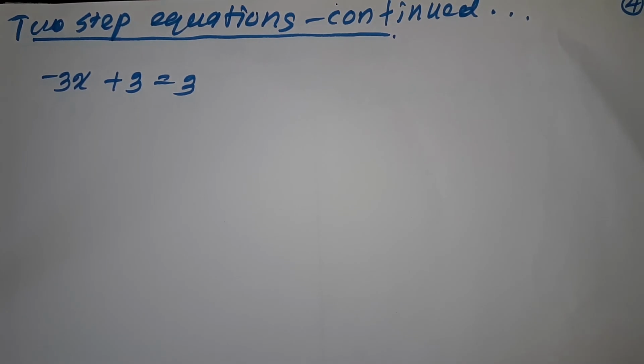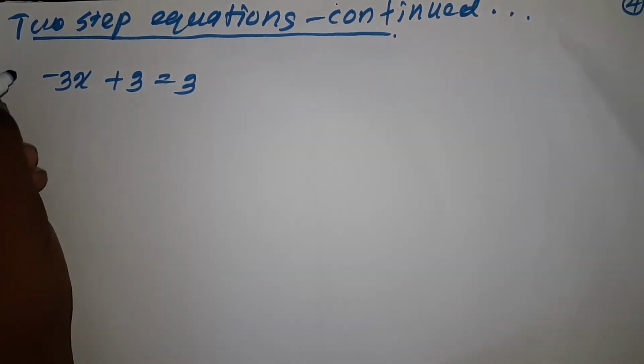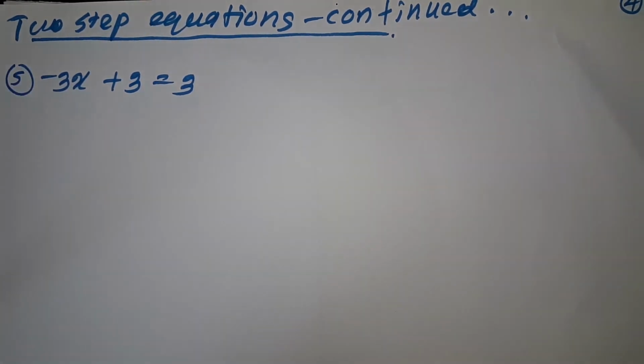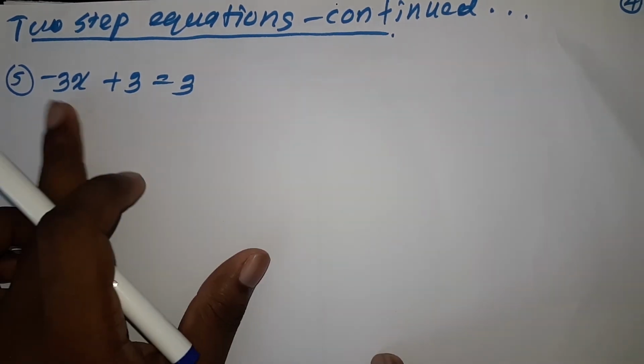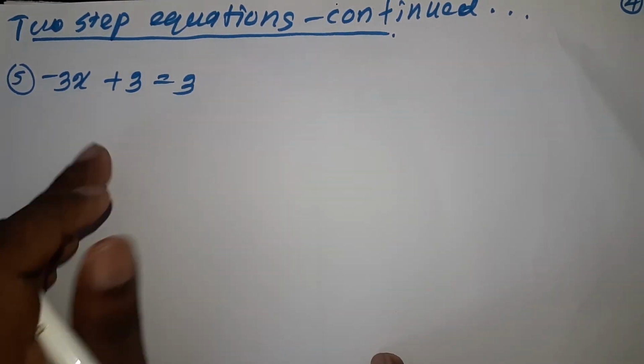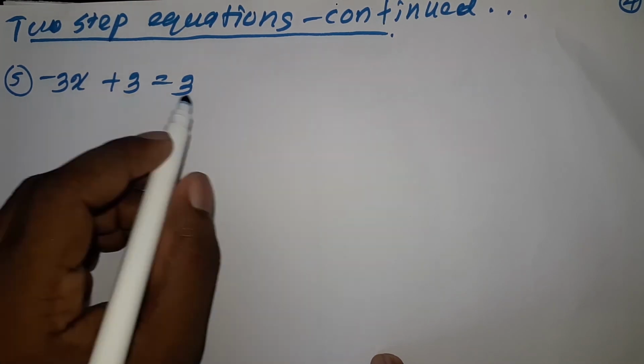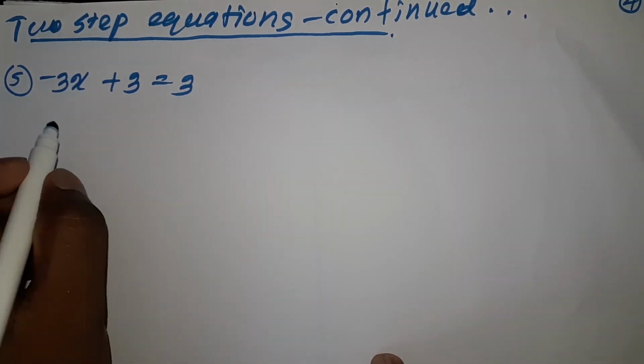The last two-step equation, the fifth one, we have minus 3x plus 3 equals 3. I'll use the same previous method where I'll remove this constant right here. So I'll divide the entire equation by 3.